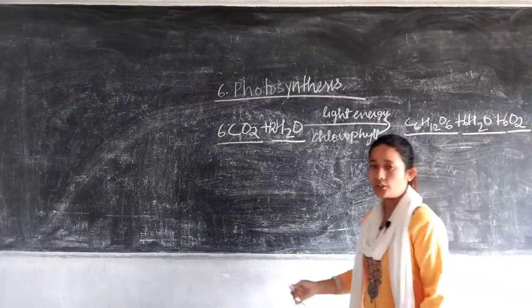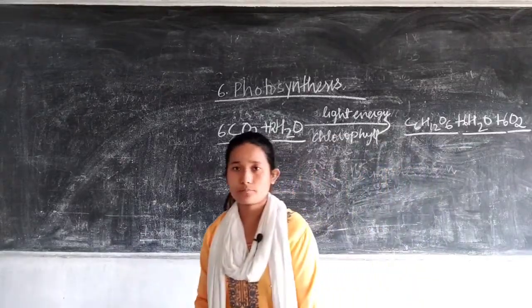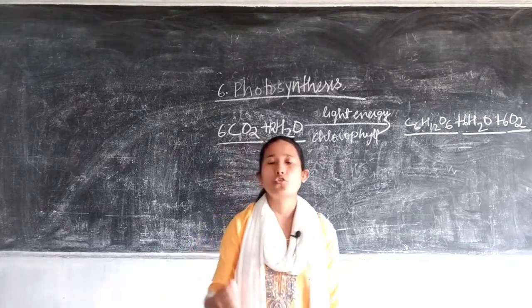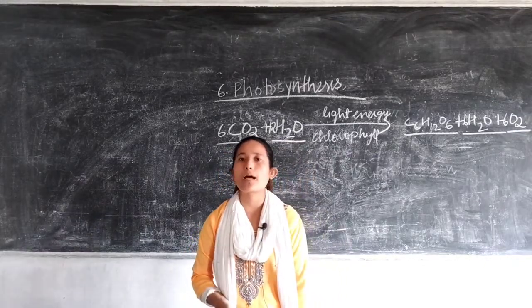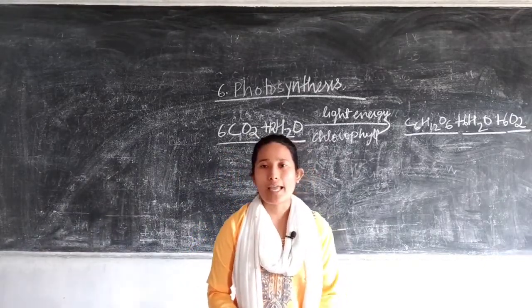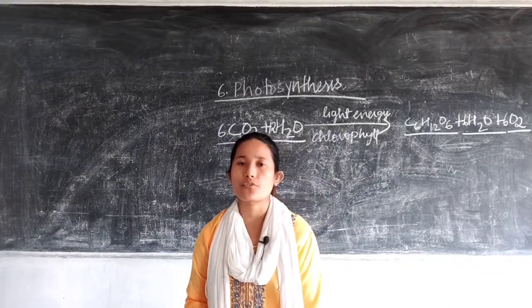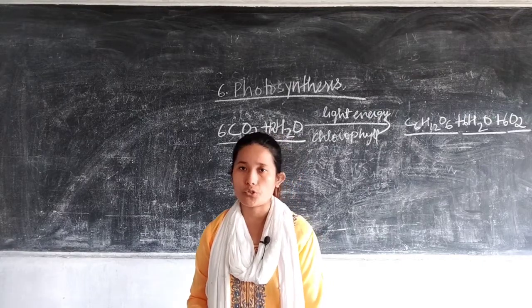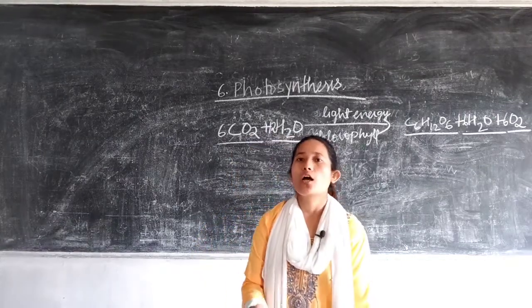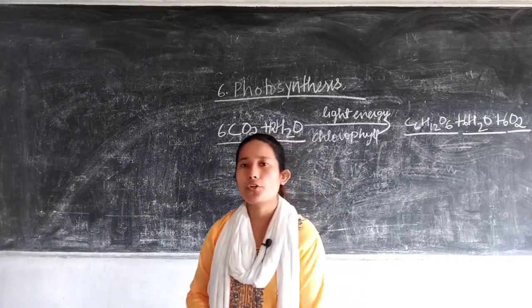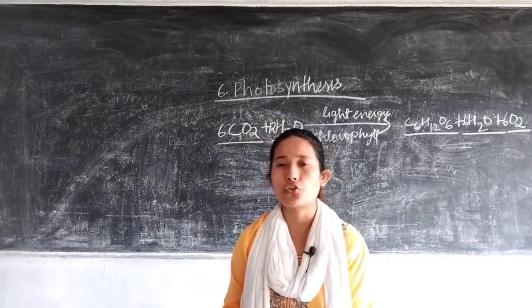Our main product is glucose and the byproduct is oxygen, right? So photosynthesis is the process by which plants utilize carbon dioxide, water, chlorophyll in the presence of sunlight to make glucose, and along with the glucose oxygen is also released. So we got the proper definition of photosynthesis.